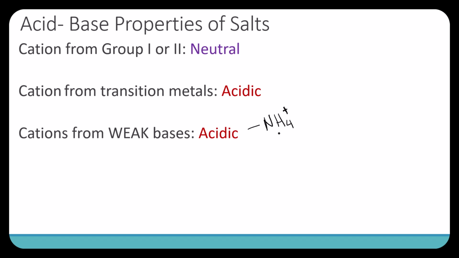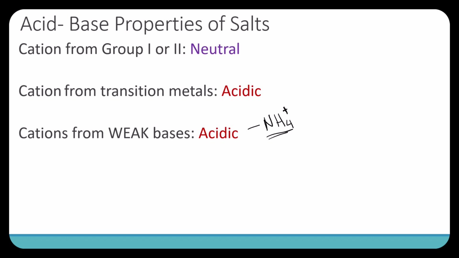It is a weak cation from a weak base, so the weak base is NH3. So ammonium from ammonia is probably the poster child for cation from weak base. So probably one you'll see the most often, and that one would certainly have an acidic effect.